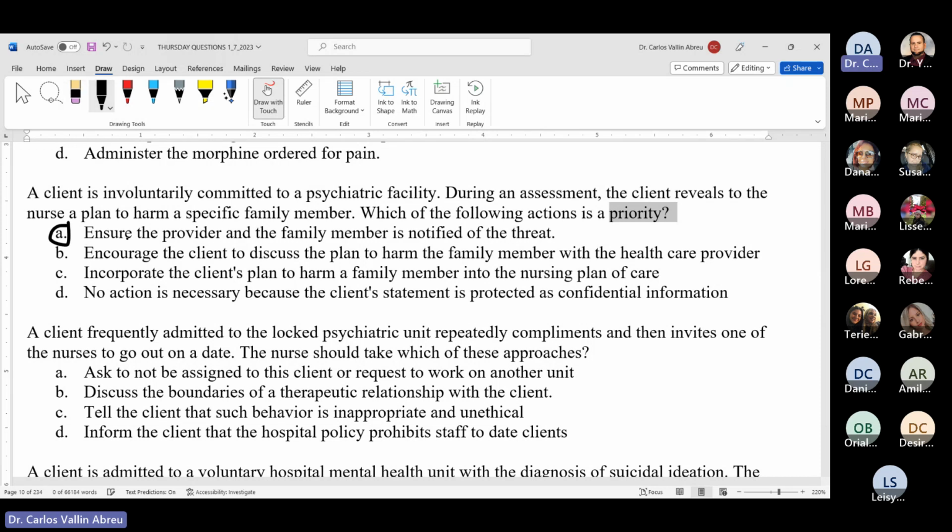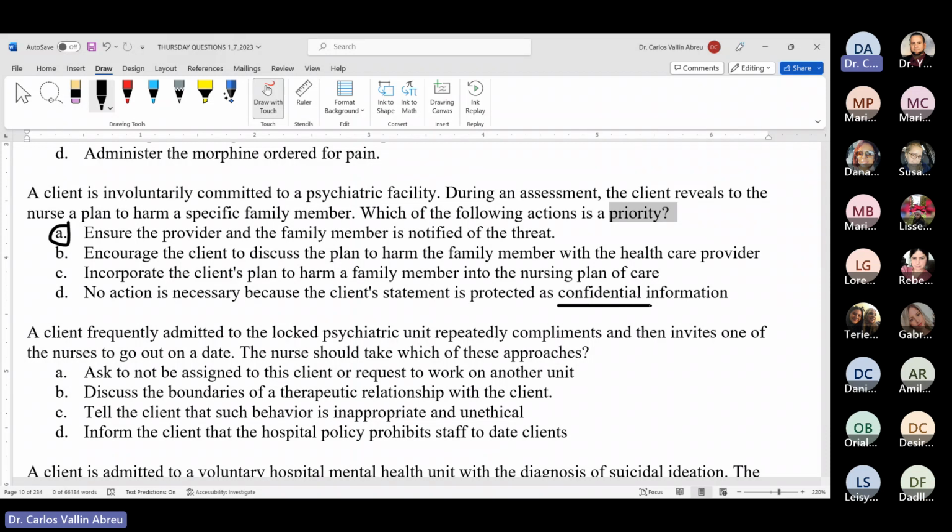Letter A. You have the duty to report this. You know that confidentiality has exceptions. For example, diseases that are of mandatory report need to be reported even against the will or the desire of the client.